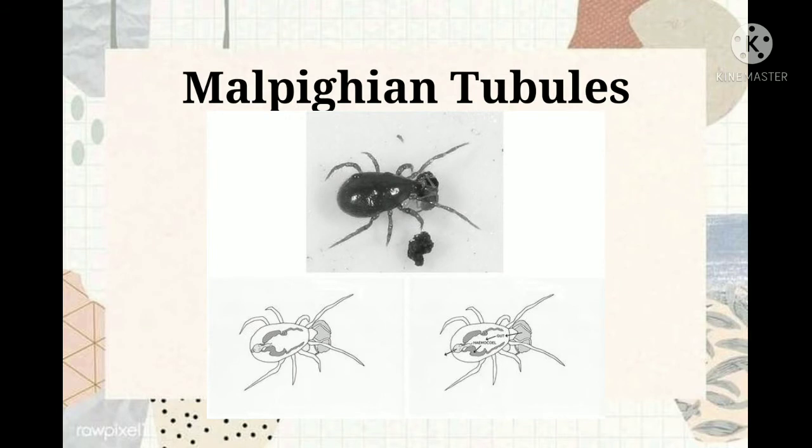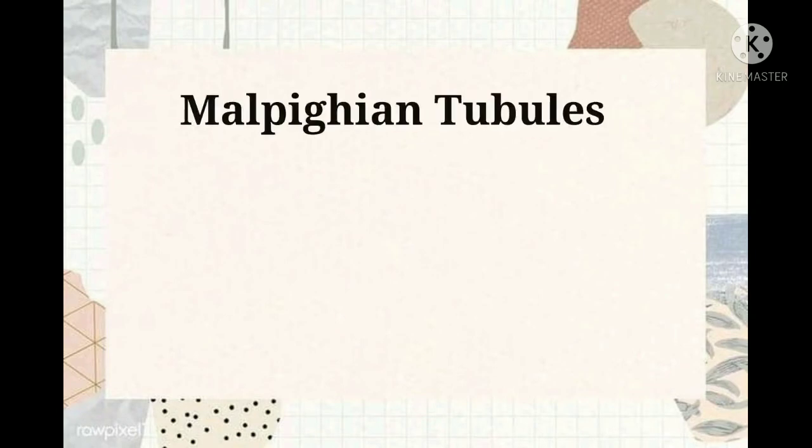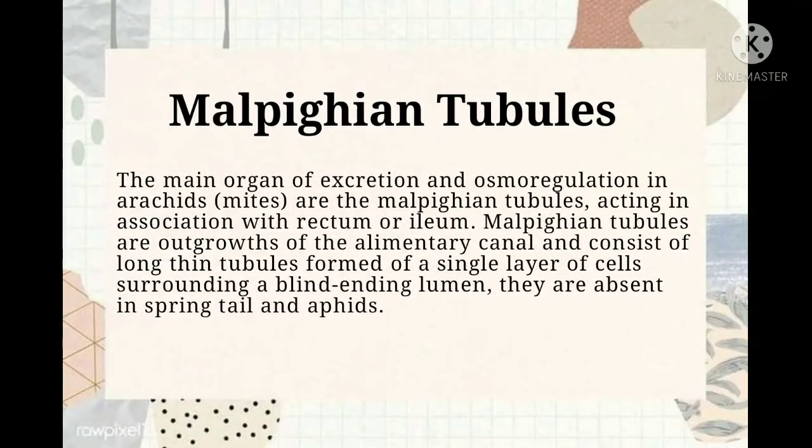Modeling the Malpighian tubules of a predatory mite. The main organs of excretion and osmoregulation in arachnids are the Malpighian tubules, acting in association with the rectum and ileum.